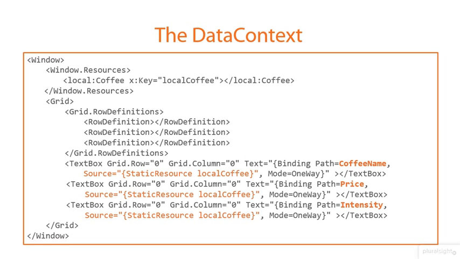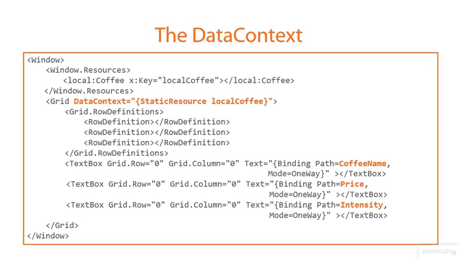They're all children of that surrounding grid here. What we can do in this case is declare or attach the source of the data to the surrounding parent. So this means that we don't have the source declarations on the individual controls anymore, but instead we are moving the source declaration to the common parent.